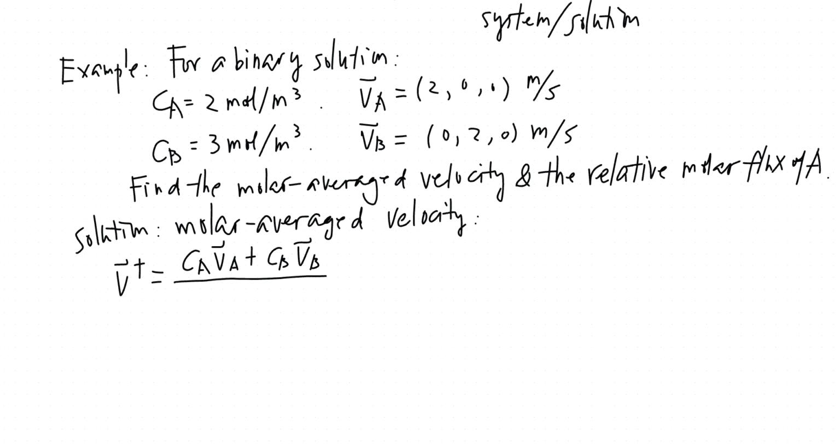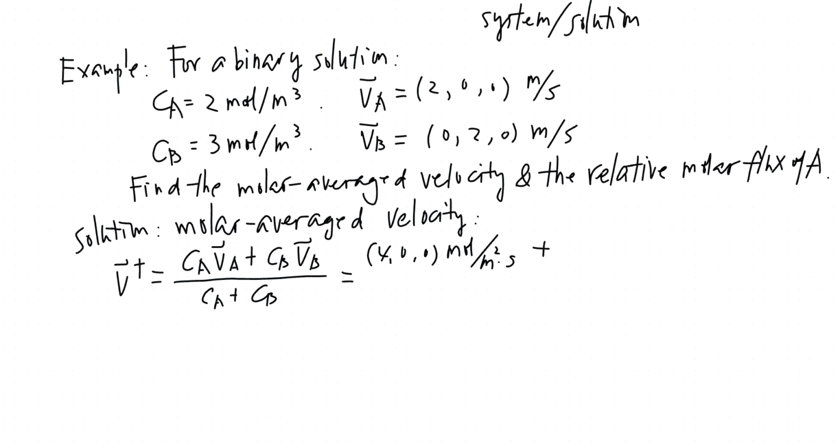C is CA plus CB. Okay, CA is 2 mole per meter cube. VA is (2, 0, 0) meters per second. You multiply these two and you get (4, 0, 0) mole per meter squared second. And then plus CB multiplied by VB.